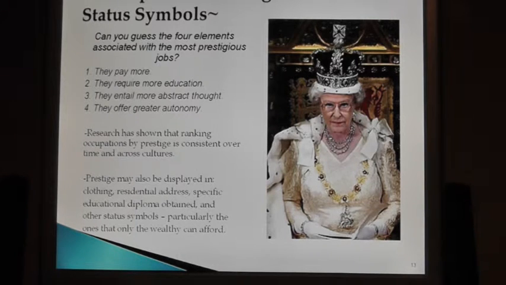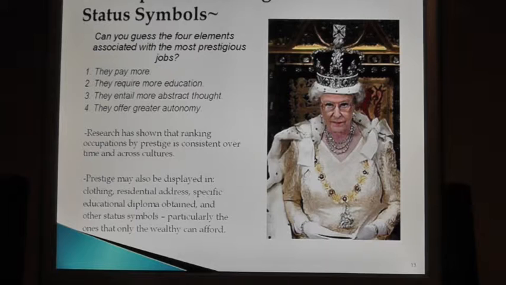Okay, so the job of the physician, which we assume has 86 prestige, the highest perhaps position on that chart in terms of status and prestige, we assume that the doctor gets paid the most in our society. Okay, and this is an element. The more you get paid, the higher the level of prestige is.